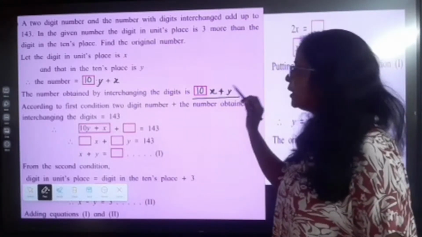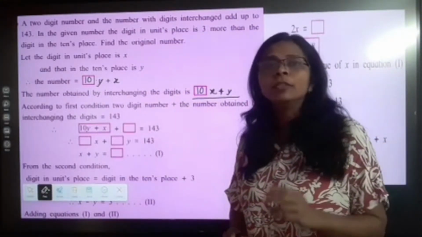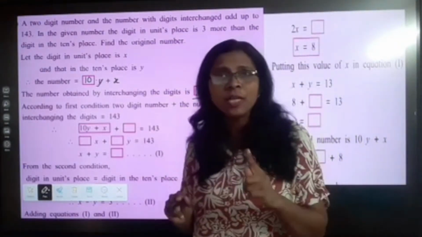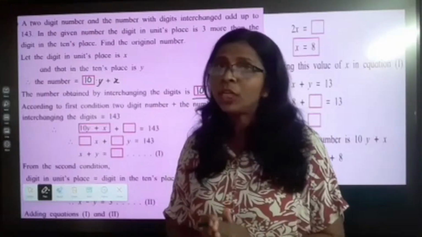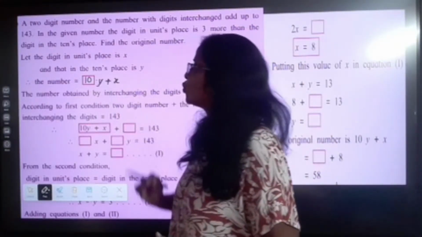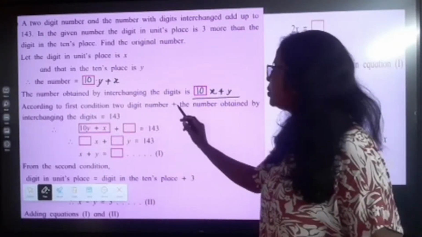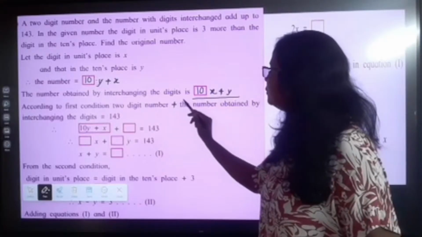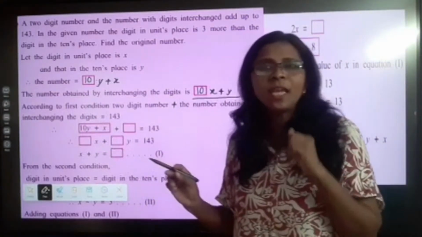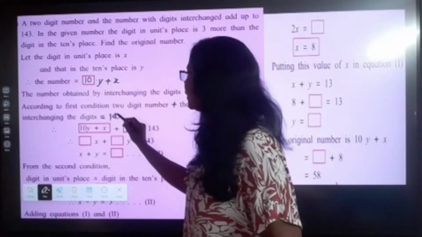So after interchanging the digits, the new number becomes 10x plus y, and the original number is 10y plus x. Now, according to the first condition, the two-digit number plus the number obtained by interchanging the digits is equal to 143.